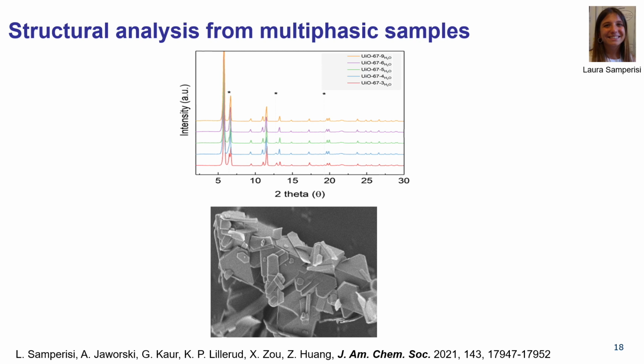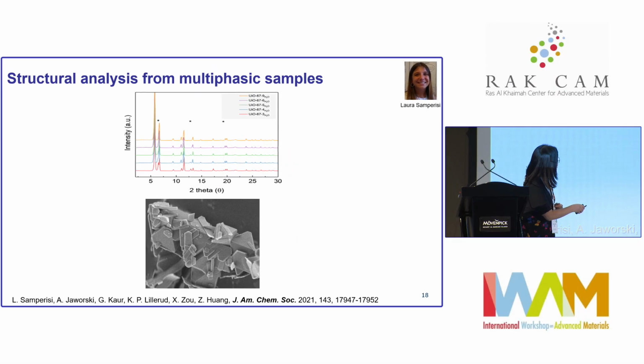They are studying the influence of water on the synthesis of UiO-67. We found that when the water content decreases, some new peaks come up, as you see here. But these peaks are so weak it's almost impossible to identify what they were.